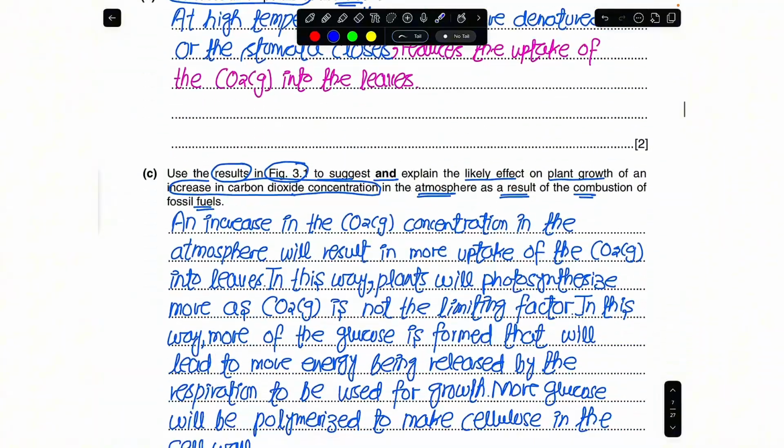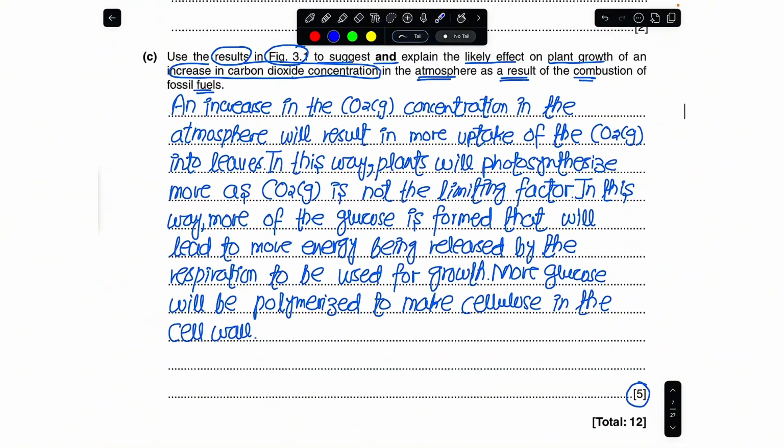Now, we know that among the fossil fuels we have petroleum, natural gas and coal, and when they undergo combustion, there would be an increase in the concentration of carbon dioxide gas in the external environment.